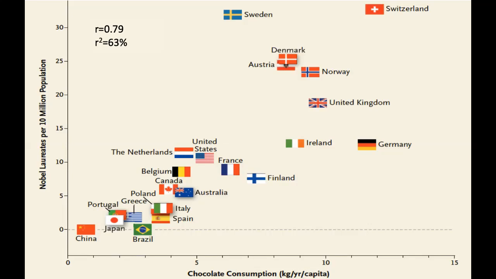And just to confirm that chocolate is not the driver, the chocolate consumption here is from 2012. Some of those Nobel Prizes were won in 1930 and 1940. There is no way that consuming chocolate in 2012 makes you more likely to win a Nobel Prize in 1930. So we can see that it's not a simple X causes Y relationship.